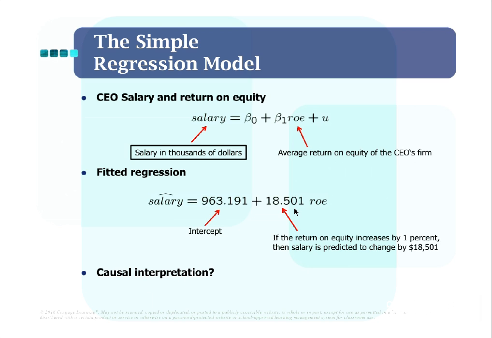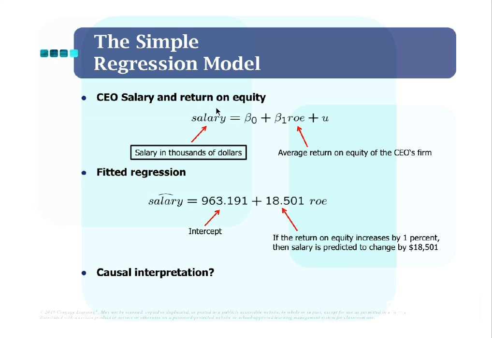Now again, we look at some examples. Here we consider the population of chief executive officers. The y variable, the dependent variable, is a CEO's salary in thousands of dollars.